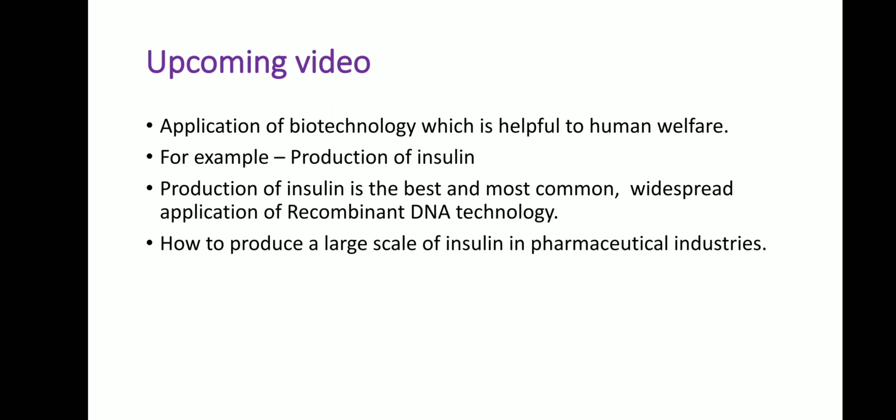We will learn how to produce insulin on a large scale in pharmaceutical industries. Human insulin is produced in the pharmaceutical industry using recombinant DNA technology. How is this process helpful to the production of insulin? In the next video we will discuss these things.